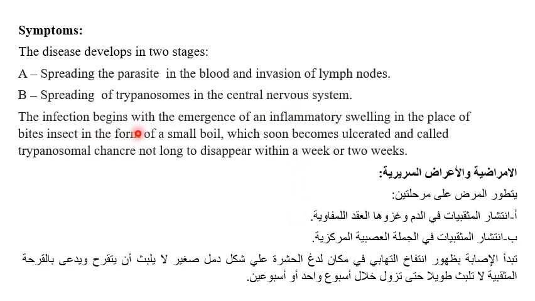The infection begins with an inflammatory swelling at the place of the insect bite in the form of a small boil, which soon becomes ulcerated and is called a trypanosomal chancre, and it disappears within a week or 2 weeks.